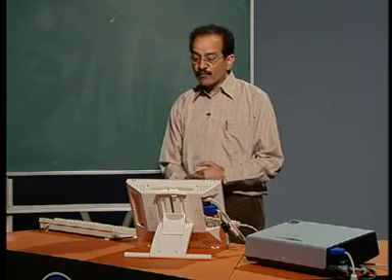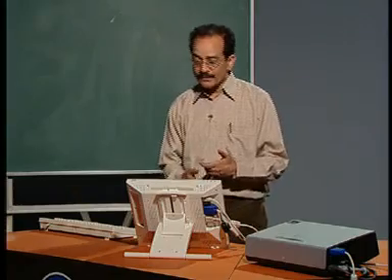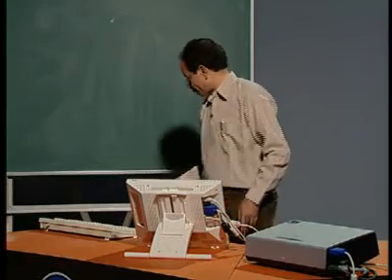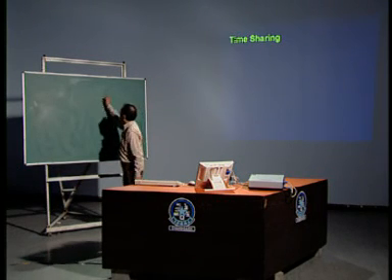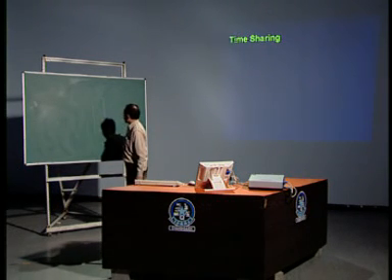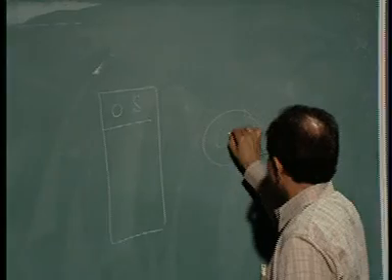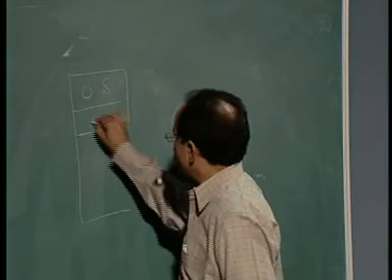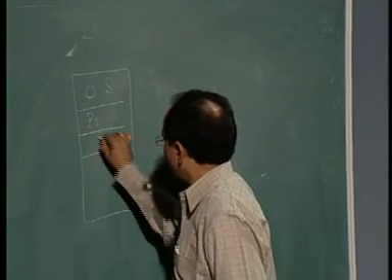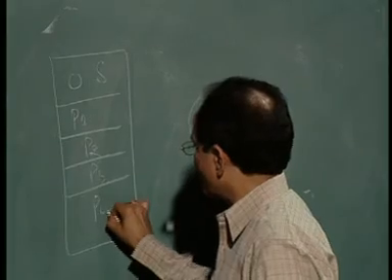Now, what happens in case of multiprogramming is, let us say you imagine there are 5 jobs which we have put into the system. Let us say I have got this particular memory, and this is the CPU. Now, let us say I have got P1 job, P2 job, P3 job and P4 job.